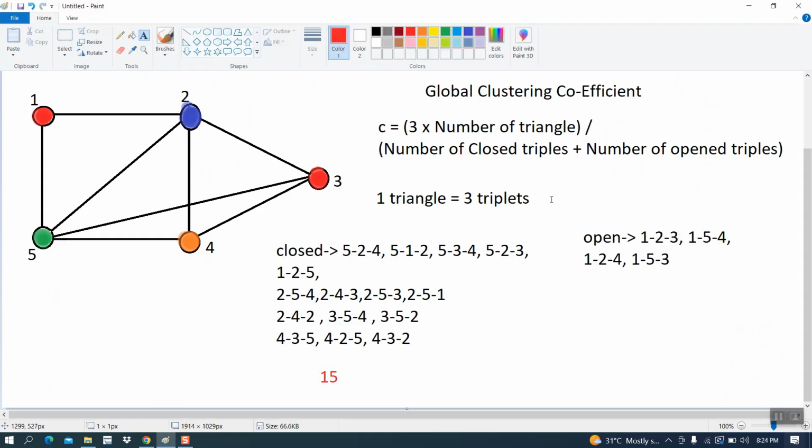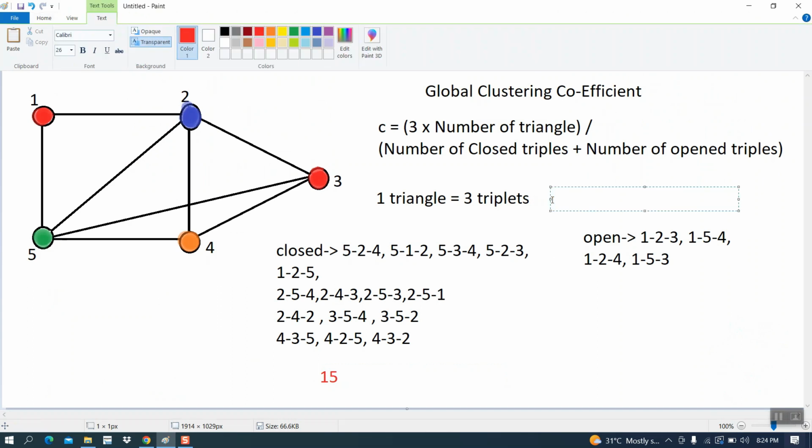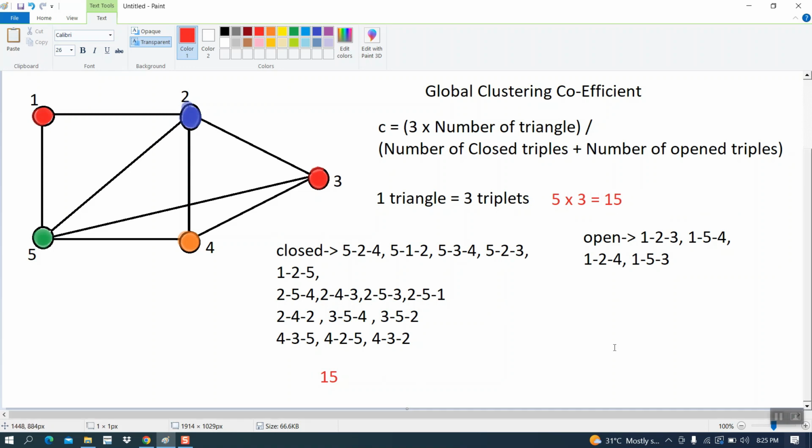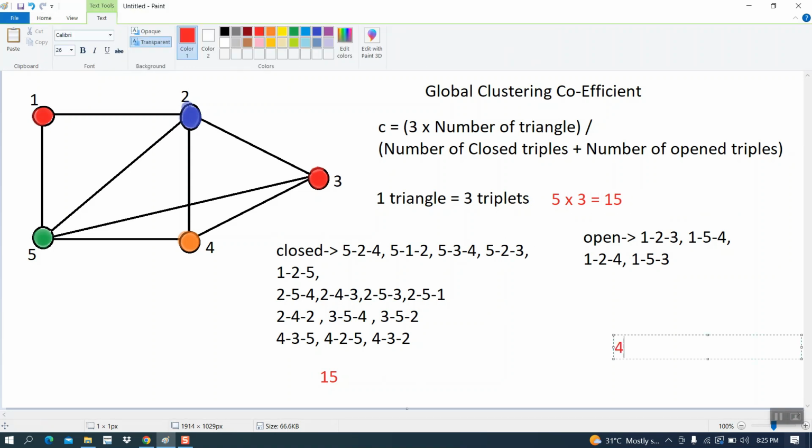So we say one triangle equals 3 triplets. So 5 times 3, we have 15 triplets. It means we have 15 closed triplets. Here we have 4 open triplets.